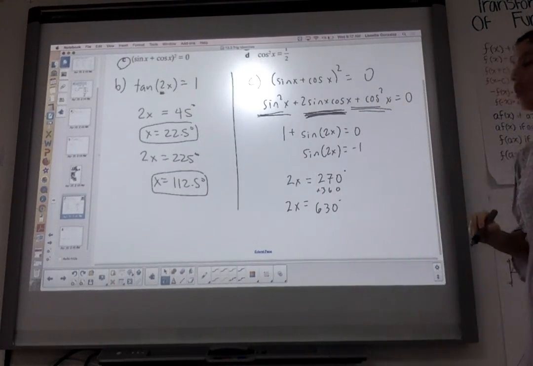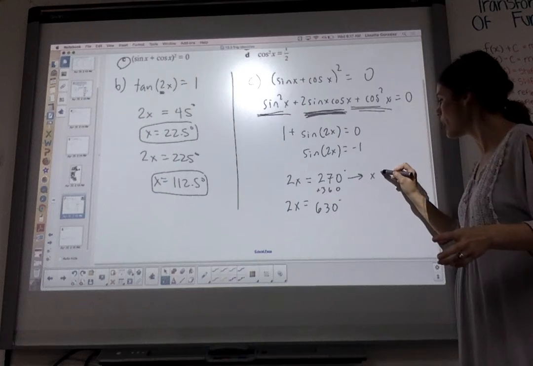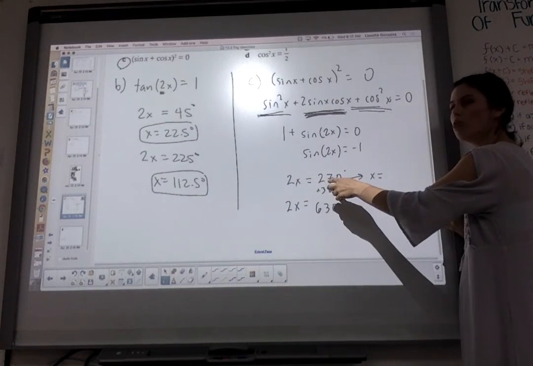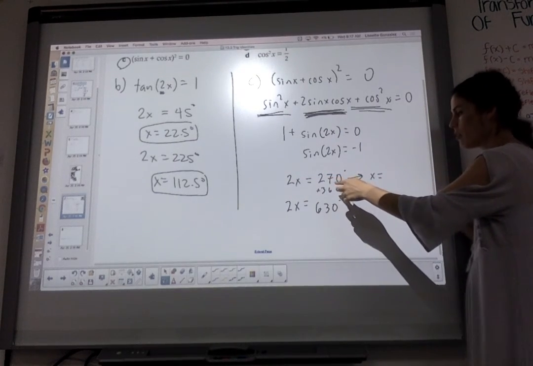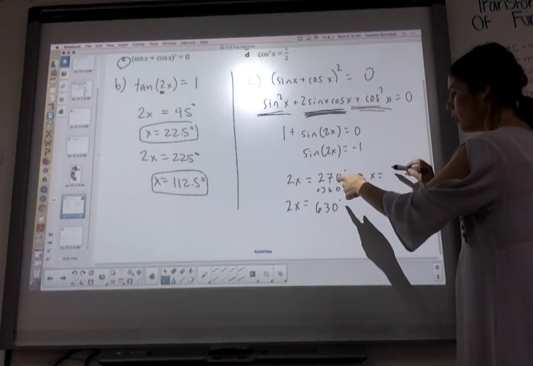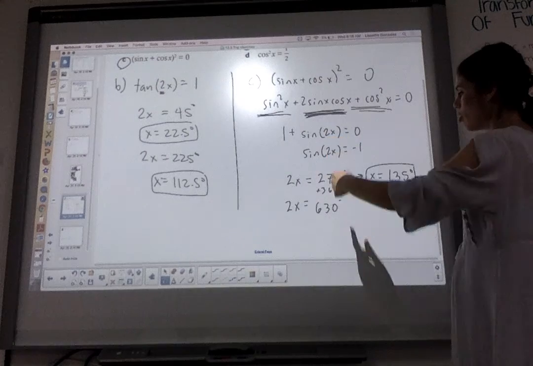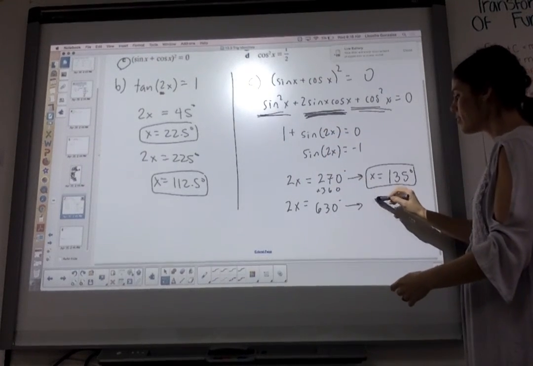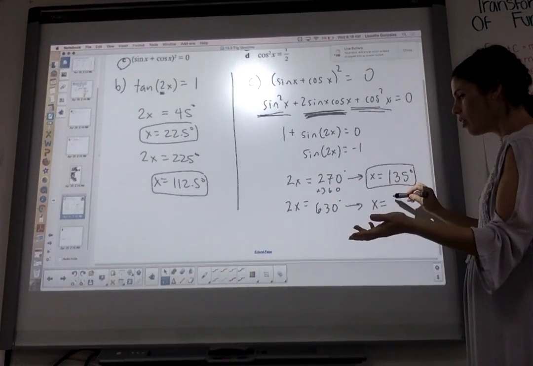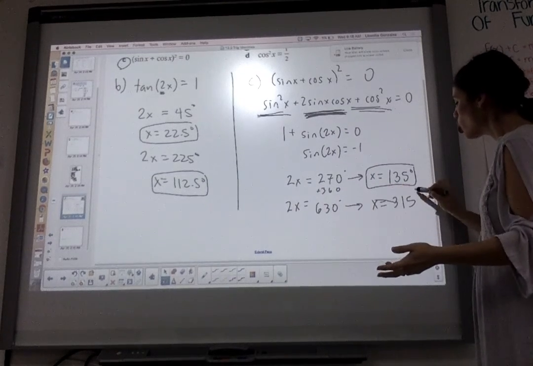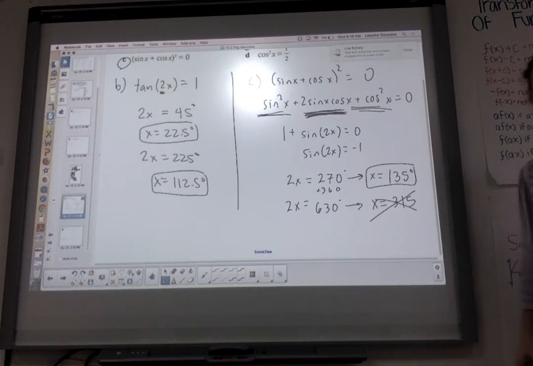Divide by 2. 270 divided by 2 is 135. Is that under 180? Yes, because that's what we're looking for. The other one is not. This will go over, that's 315. So you know you only have one answer. That's how you know.